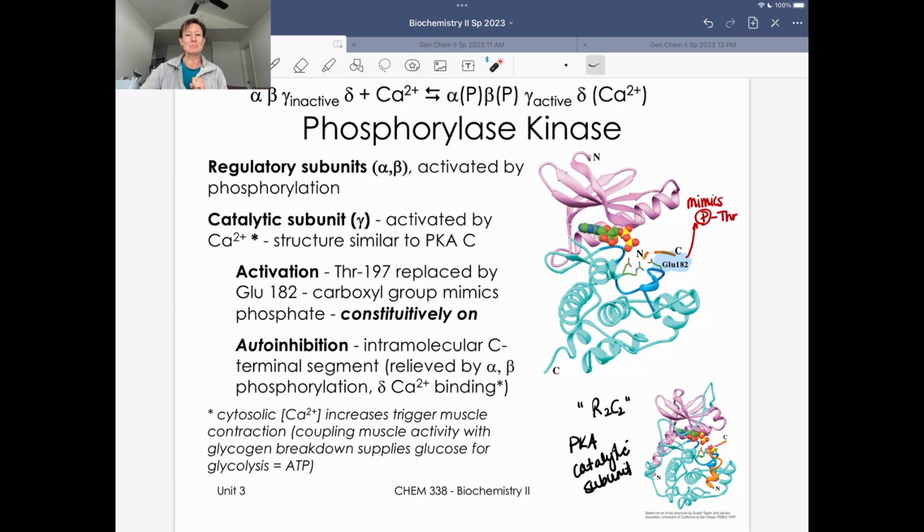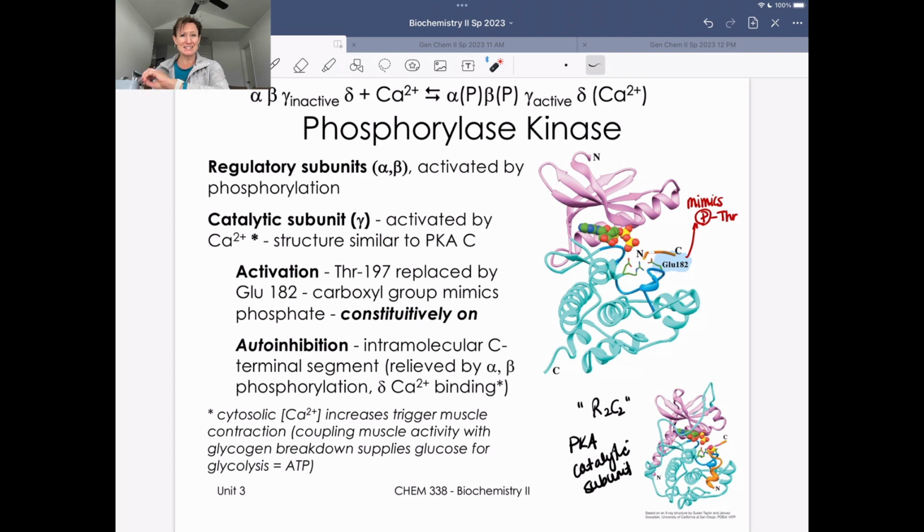Just highlighting, again, some big picture things. PKA phosphorylates phosphorylase kinase. PKA is the R2C2. We've got catalytic subunits that dissociate from the regulatory subunits in the presence of cyclic AMP. Phosphorylase kinase phosphorylates phosphorylase. Phosphorylase kinase is a tetrameric protein, has one catalytic subunit that when we phosphorylate the alpha and the beta regulatory subunits, hint, they're phosphorylated by PKA, and we bind calcium, we are able to then phosphorylate phosphorylase.